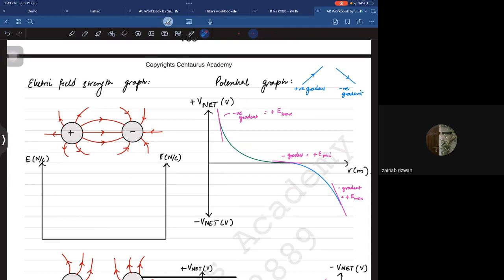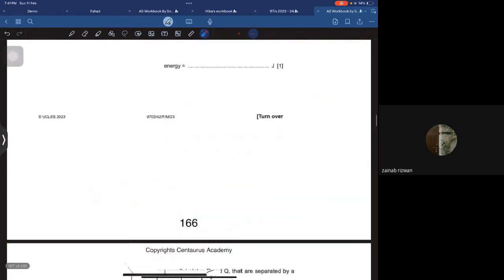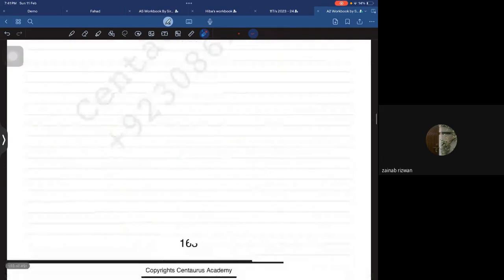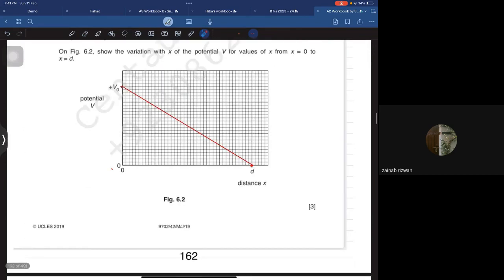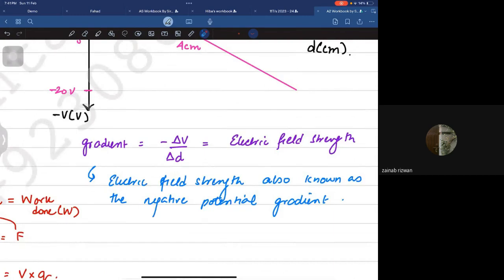We know by the definition of electric field strength, when we wrote it here, I specifically mentioned that electric field strength is also known as the negative potential gradient. Do you understand that? Which basically means electric field strength is the negative of the potential gradient, right?